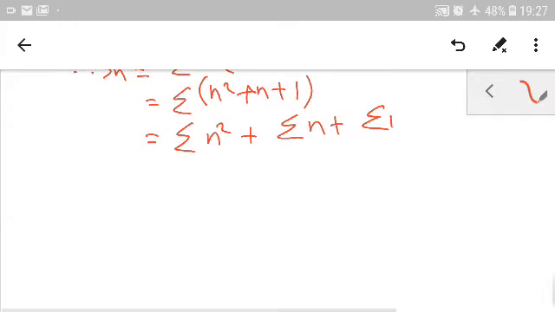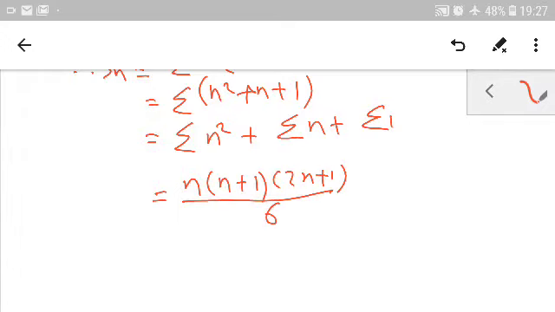Now the summation of n square is given by the formula n into (n plus 1) whole into (2n plus 1) divided by 6. And the summation of n is given by n into (n plus 1) divided by 2, and the summation of 1 is actually n, because 1 is added n times.